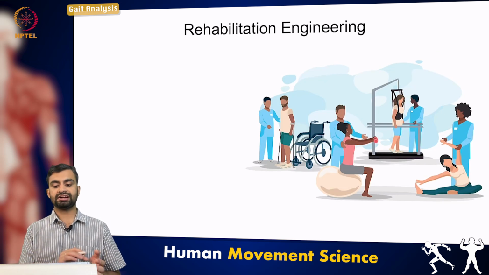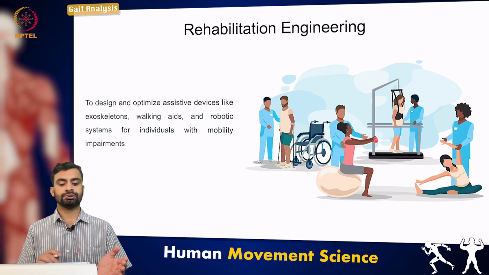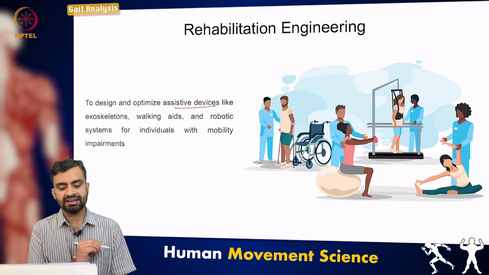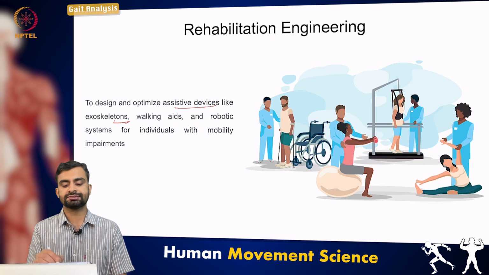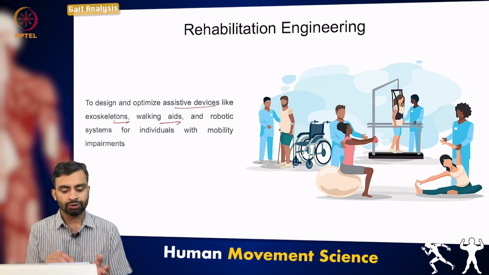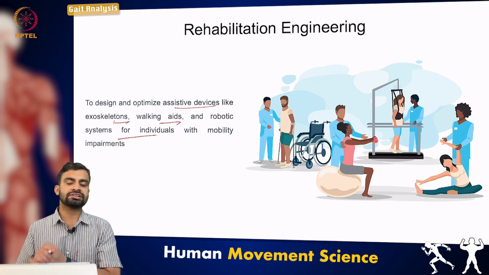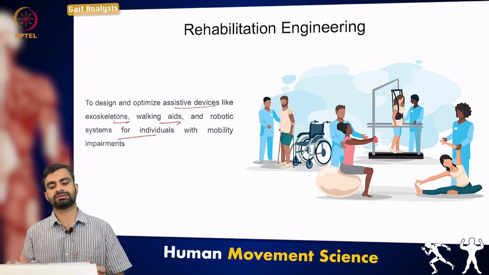In rehabilitation engineering, as we know, it helps in the design and optimization of assistive devices, for example, exoskeletons, walking aids, and robotic systems, which will help patients with mobility impairments.